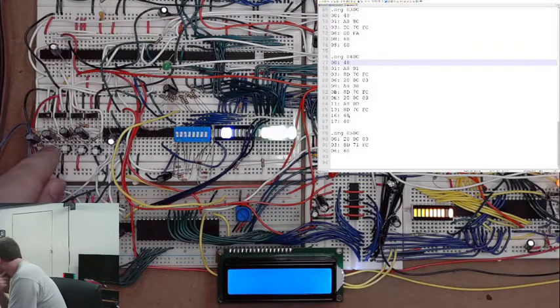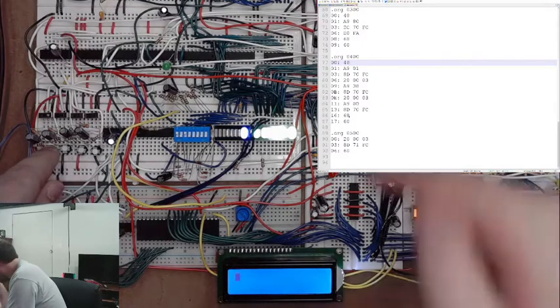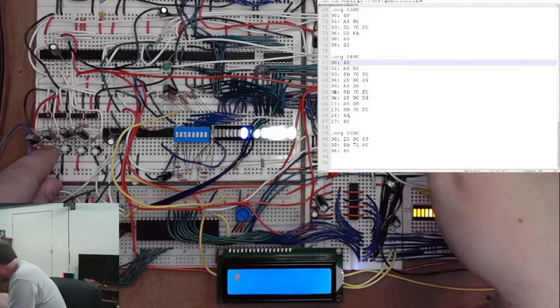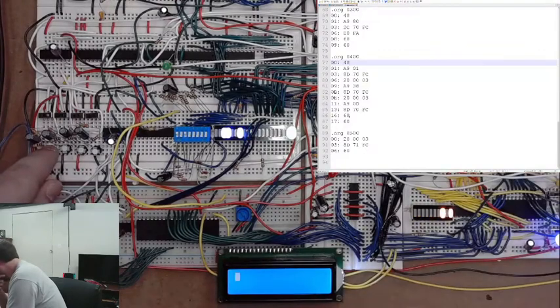Don't tell me that somehow in all this the ROM got messed up. Oh, now we're reading from RAM again. How does that happen? How? The reset button literally doesn't allow that to happen. Okay, there we go.